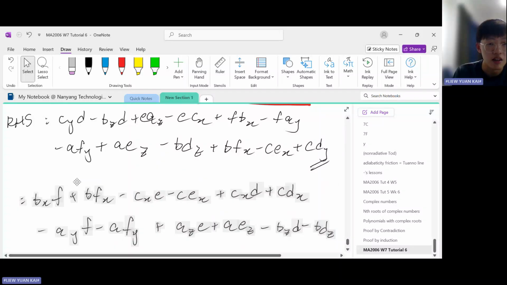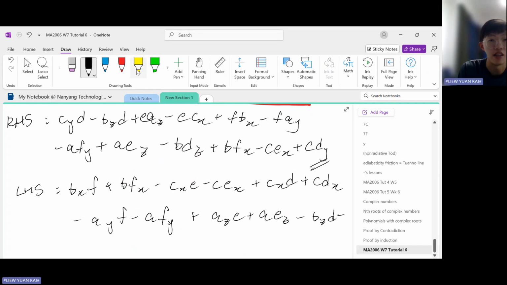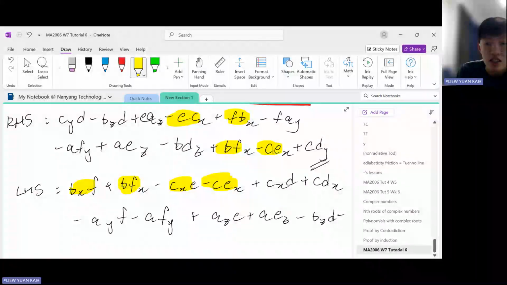So this is the left-hand side. Let's see if the terms match. BXF is over here, BFX. CXE is over here, minus CEX.